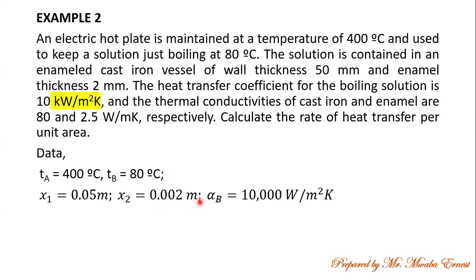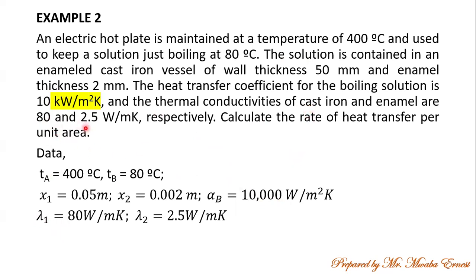Alpha B, the heat transfer coefficient inside the boiling pot, is 10 kilo. I decided to shade it yellow here so that we don't miss it. Kilo represents 1,000. So 10 times 1,000 gives us 10,000 watts per square meter Kelvin. Lambda 1 is 80 there, because this is the coefficient of thermal conductivity for cast iron.